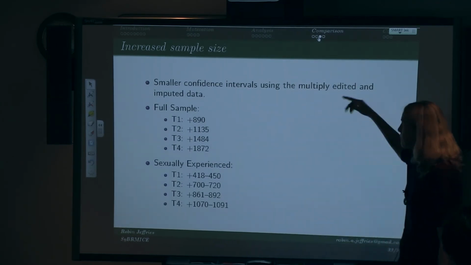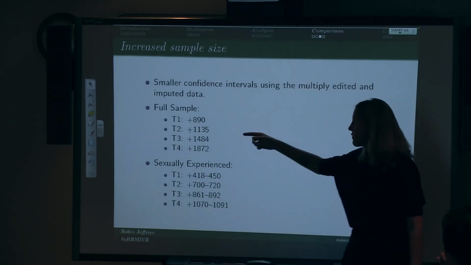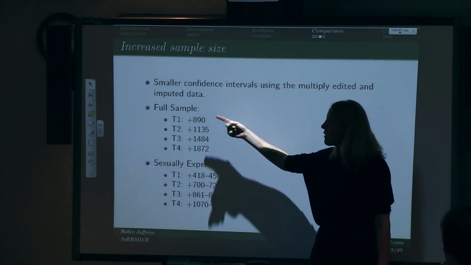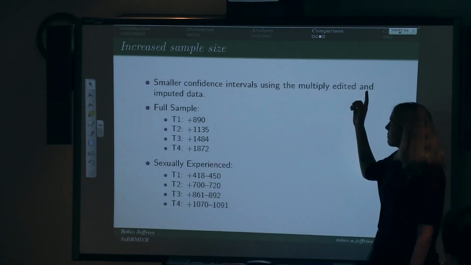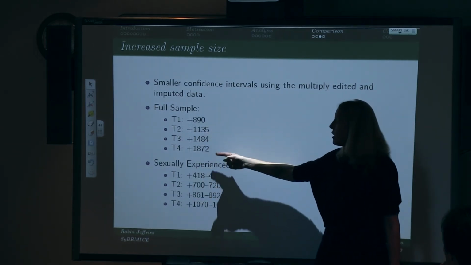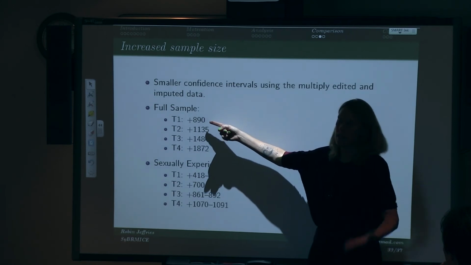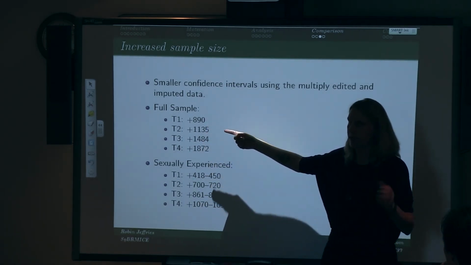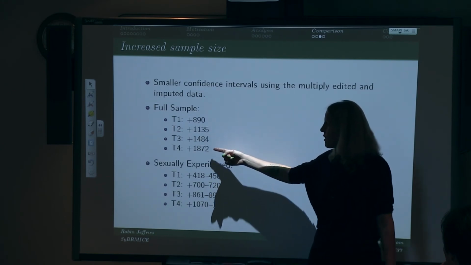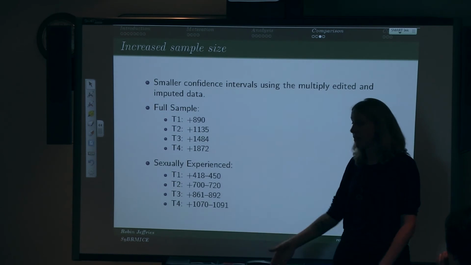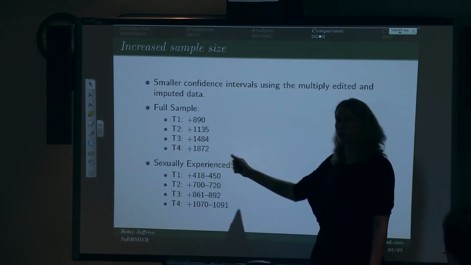For the full sample, in the multiply edited and imputed data sets, this would be the model of knowledge: each year, 890 cases were added compared to the complete case data set. Each year, the number of cases added, or for the complete case analysis, the number of cases dropped, increased across years.